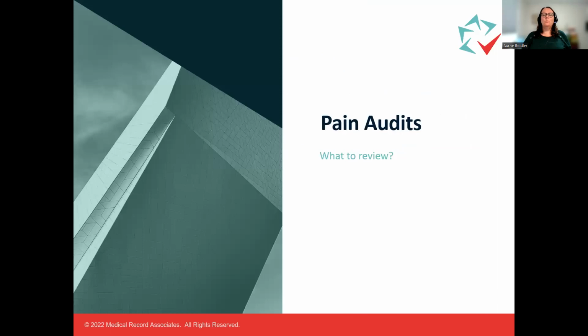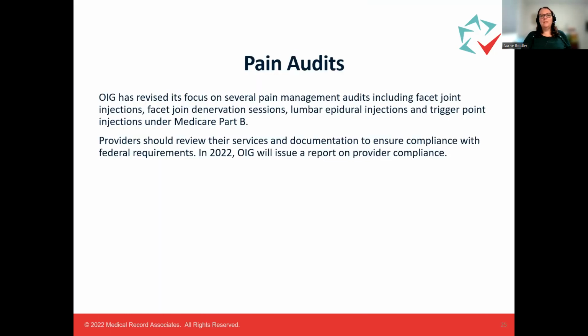So what can you review? I know that Noridian does have several local coverage determinations, or they did, on facet joint injections, possibly some of the others. So they will tell you exactly what you need to have in your documentation to ensure that you have medical necessity to bill for these claims.